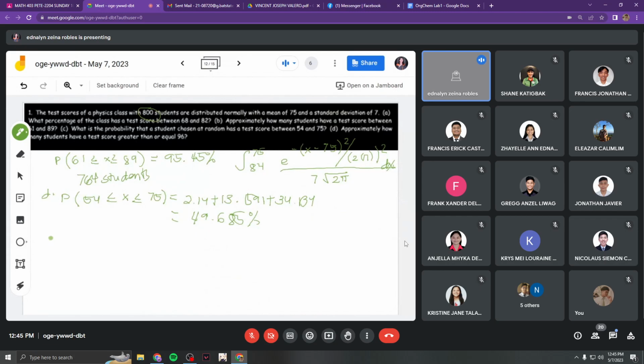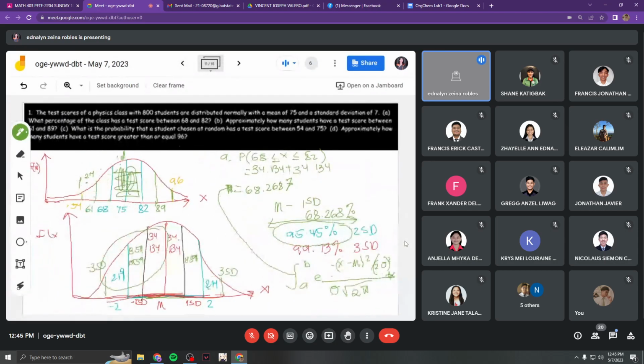What is the probability that the students can score greater than or equal to 96? So we now get the probability if x is greater than or equal to 96. How can we do that? We cannot use this graph anymore. We do not have any percentages from 96 until infinity.